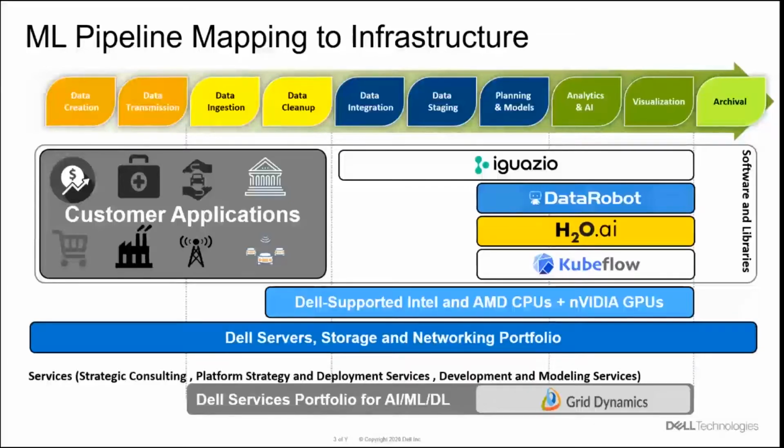So Dell's got slew of options available for your storage needs, as well as your networking need for switches and stuff. So we got you covered all the way from data creation in the machine learning pipeline to archival. So that's why we call it end-to-end machine learning pipeline.